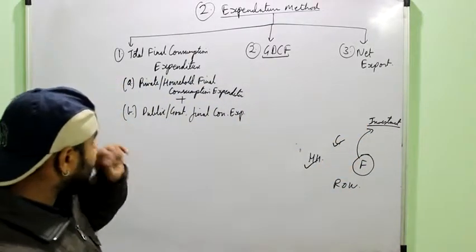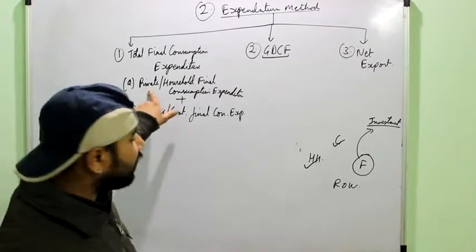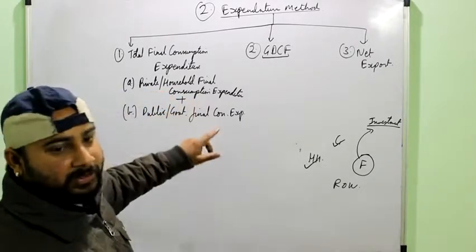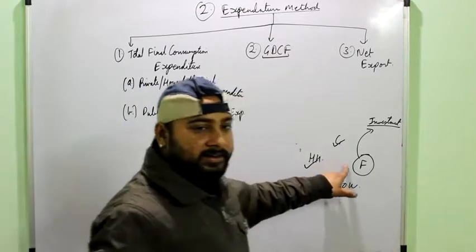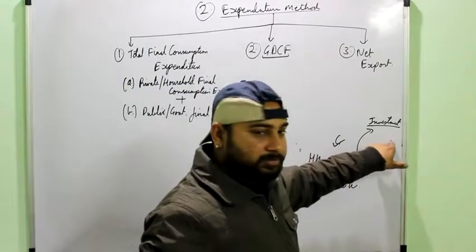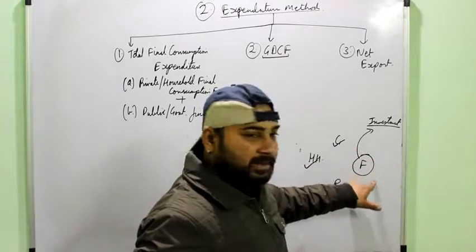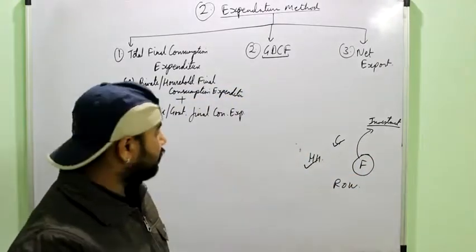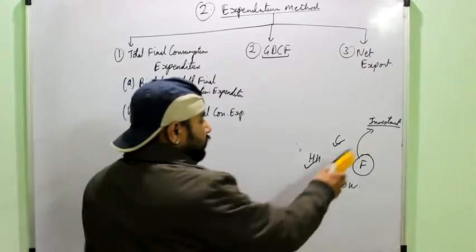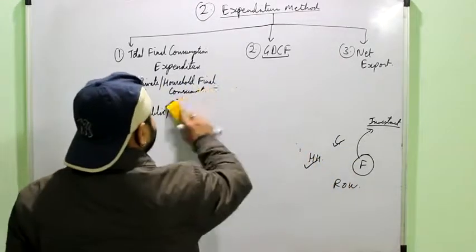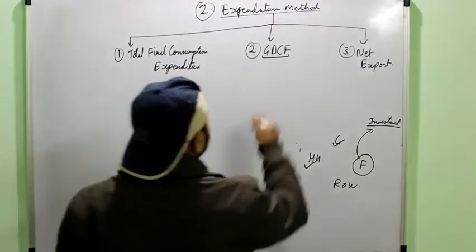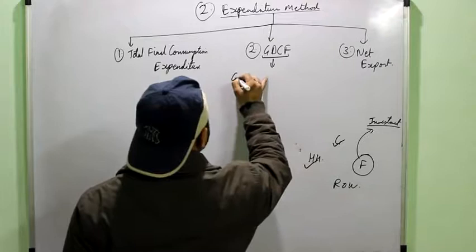For example, if you buy a car for yourself, that is part of the household final consumption expenditure. But suppose a taxi operator buys a car for running it as a taxi, then it is part of investment expenditure and is done by the firm, because a taxi service provider is a firm and not a household. So the investment expenditure is done by the firms and it is better known as gross domestic capital formation.